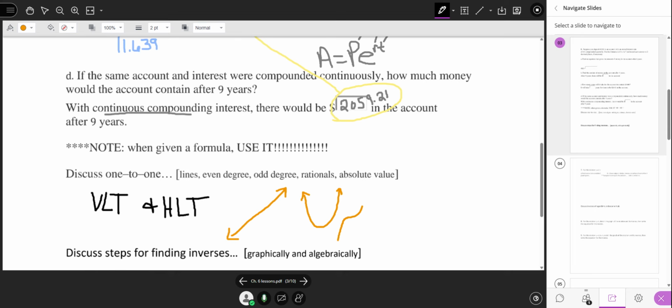If it's odd, it could pass both. If it's like this. However, if it looks like this, it will not. Rational equations, a lot of times it will. If it looks like the butterfly, it will. Like this, it will pass both the vertical and the horizontal.